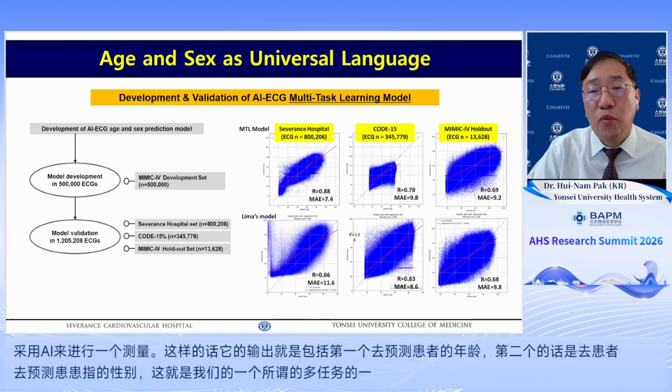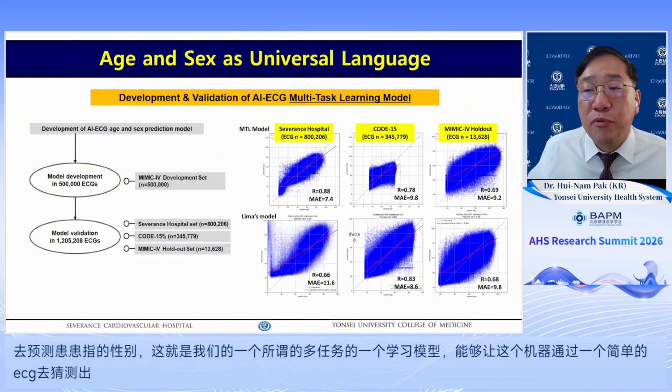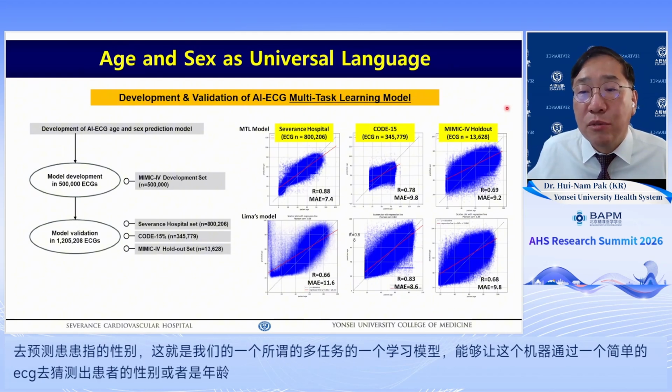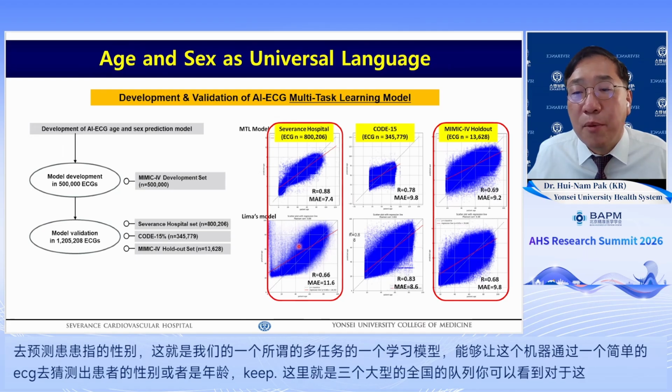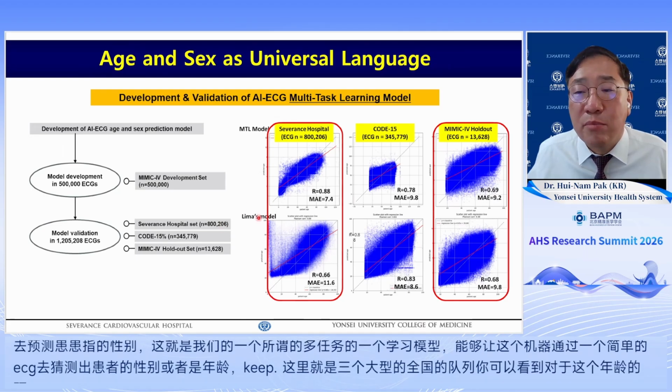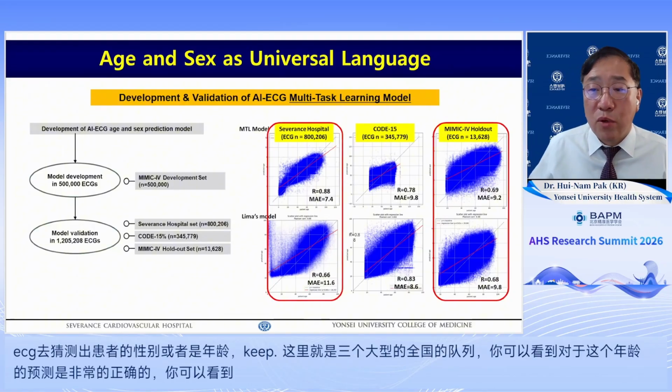To test this, we developed and validated an AI ECG model that predicts age and sex using data from three multinational cohorts. Our MTL model performed well in predicting age across three validation cohorts, showing better correlation between chronological and biological age when compared with the previous model. And the model's accuracy and AUC were quite strong.